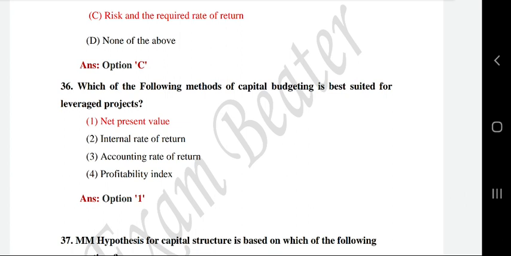Option 1 is the answer, net present value. Net present value is the best suited method for capital budgeting in the case of leveraged projects.